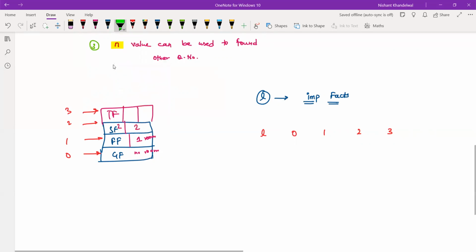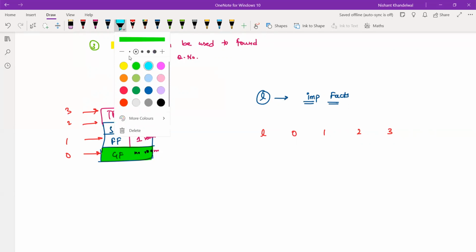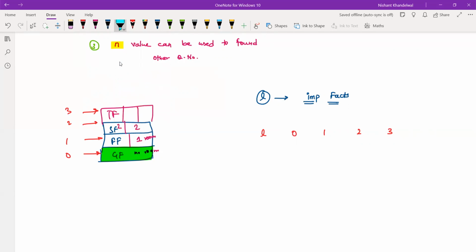If I have 0 value, there is no room, like the ground floor, basically a basement. If I go to the first floor, I will find only one room. One is reception and the other is a room.